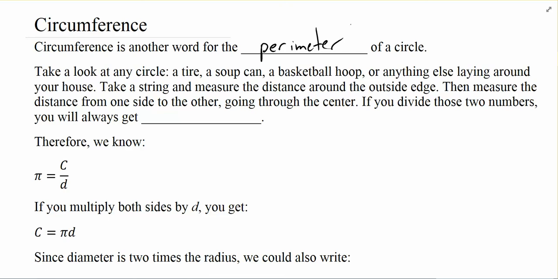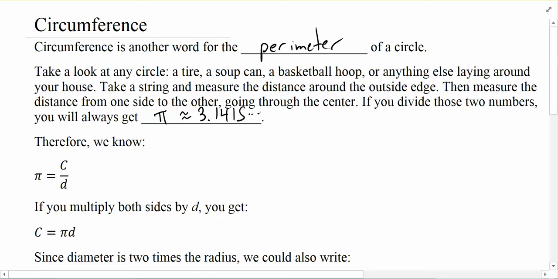Now, with that same circle, measure the distance straight across from one side to the other. So if you're using a soup can, go from one edge to the other so you're kind of going through the middle of it. So you're basically taking the biggest possible length across. If you divide those two numbers, no matter what circle you took, you're going to get the number pi, which you've probably seen before, is about 3.1415.